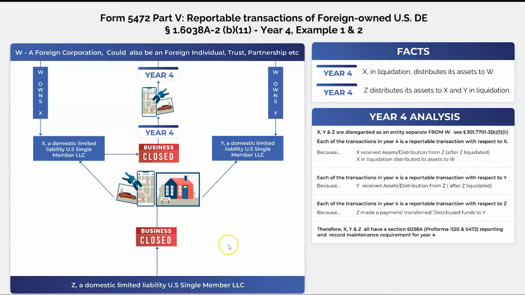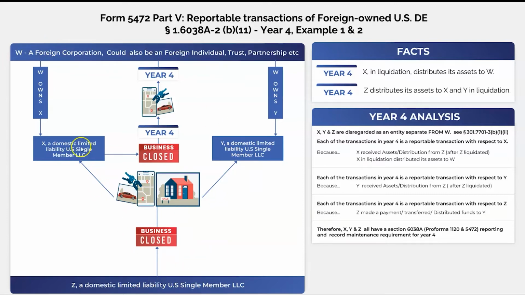And the reason is simple. You have X here, which is a disregarded entity. It is very transparent. It's a flow through. You have Y here, which is also very transparent and flow through. These disregarded entities cannot come together and form a partnership because they are owned by one person.